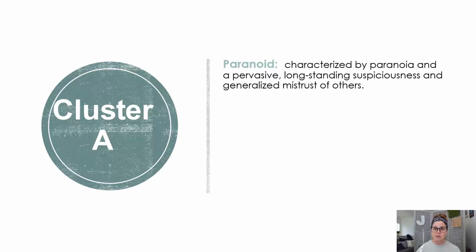So let's begin with cluster A, and one of those specific disorders within cluster A is what we're going to call paranoid personality disorder. And this is going to be characterized by paranoia, which can be described as having a really deep sense, a very long-standing one, so it's played out over and over in their personality.